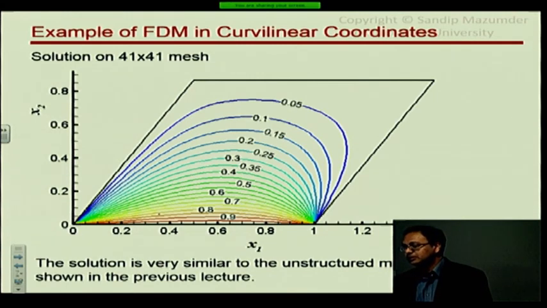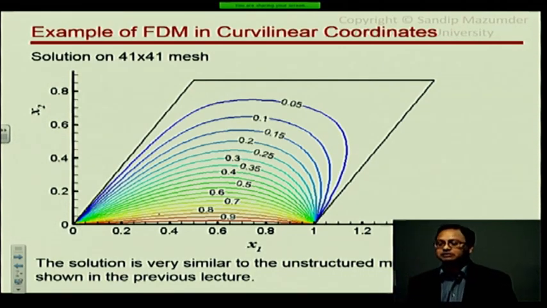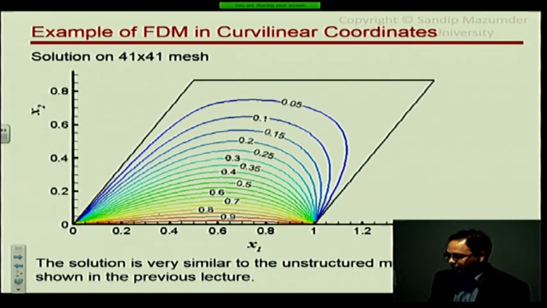I think this one is slightly more accurate because this is all second order. In the unstructured case, remember, the boundary conditions treatment was first order. Of course, this is not an apples to apples comparison when you compare it to finite volume solutions, so there will be some differences anyway. But that's what the solution looks like. Any questions before we move on?